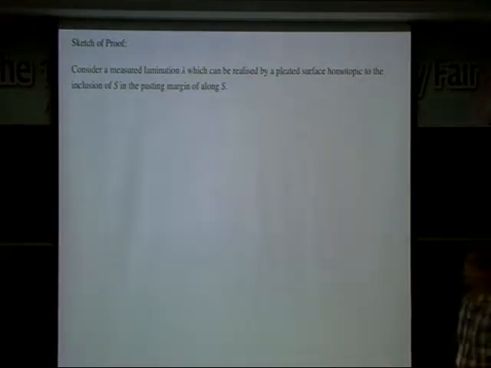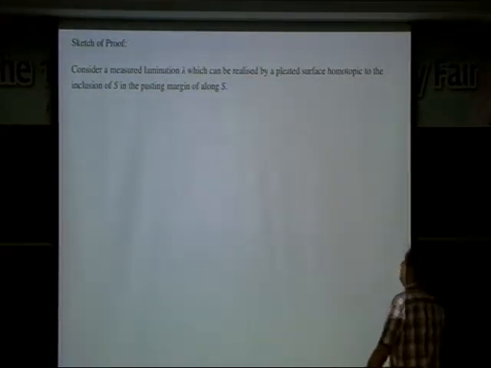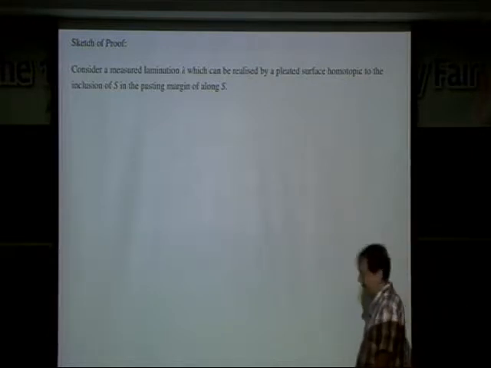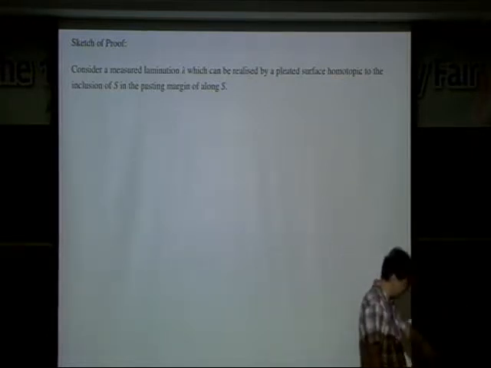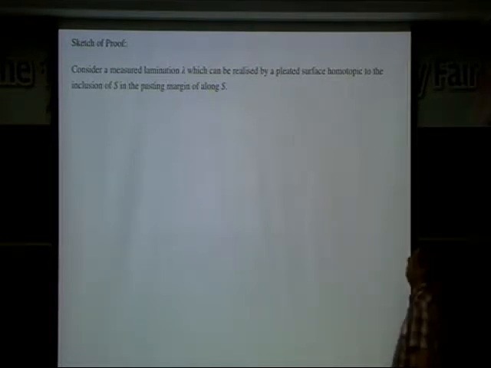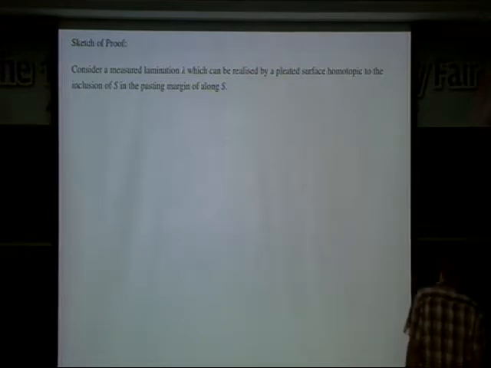So we use that result to prove our theorem. Let me sketch a proof. What we have to show is that there is some open set in which no curves are non-homotopic. So take some measured lamination which can be realized.